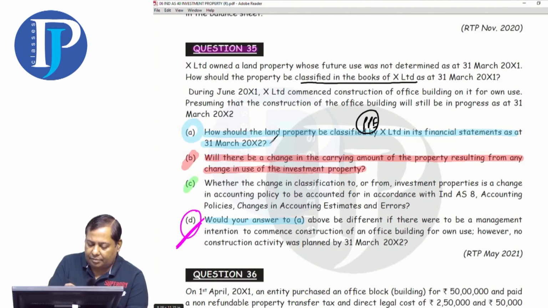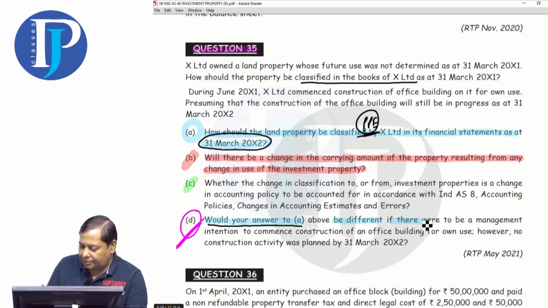We were building office. For March 31 X2, we believed it to be a PP. Will your answer be changing in A? Be different. If there were to be a management intention to commence the construction of an office building intended for use. However, no construction activity was planned by March 31 X2.